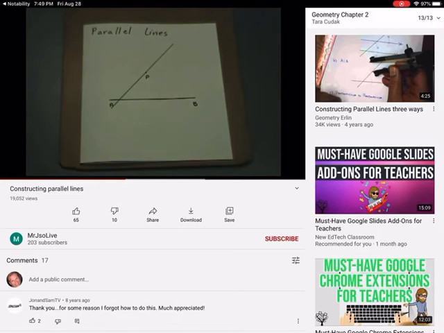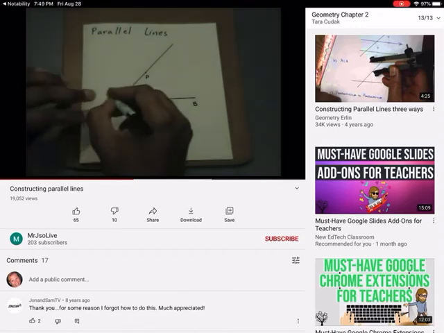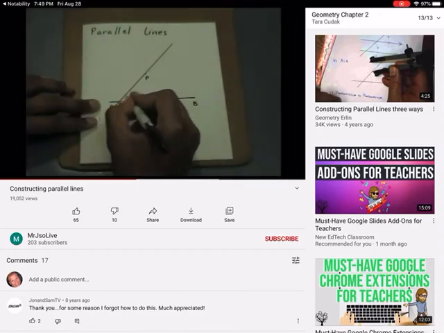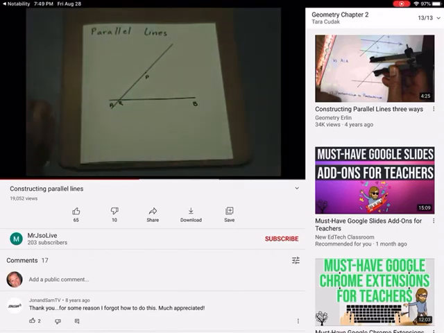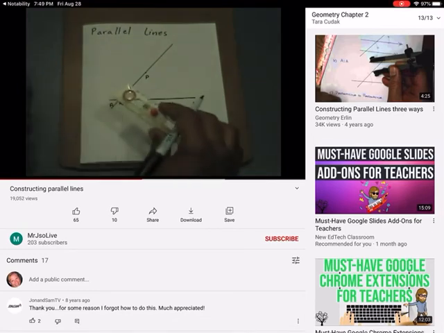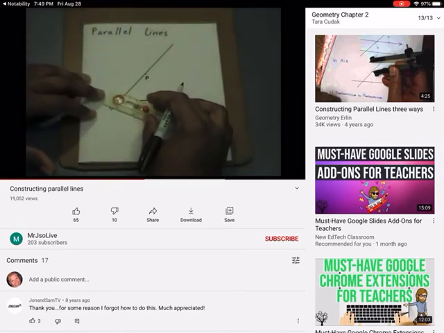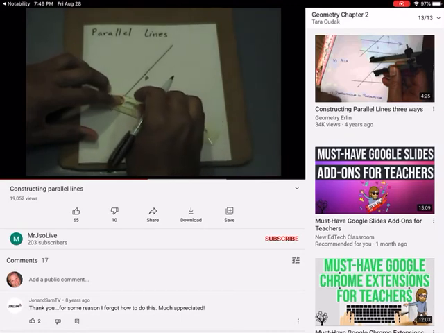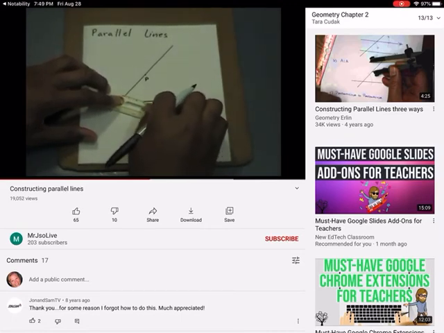Next, the line that goes through AB, let's call that point R. Using R, we're going to place the rotating end, and we're going to create an arc that intersects both lines.